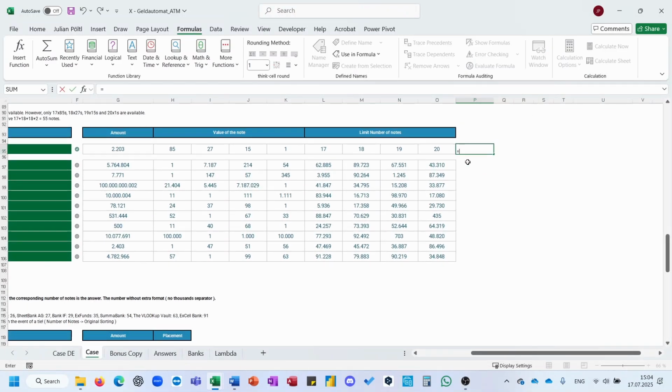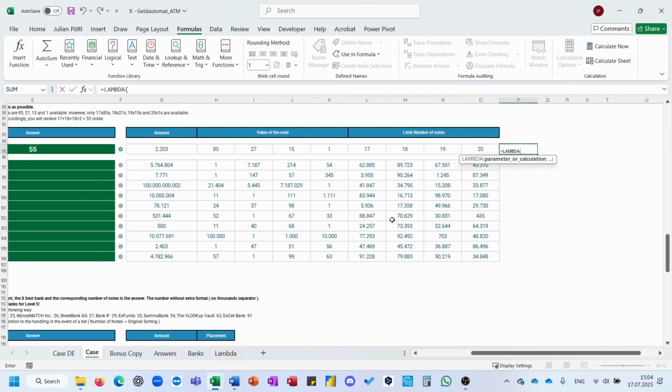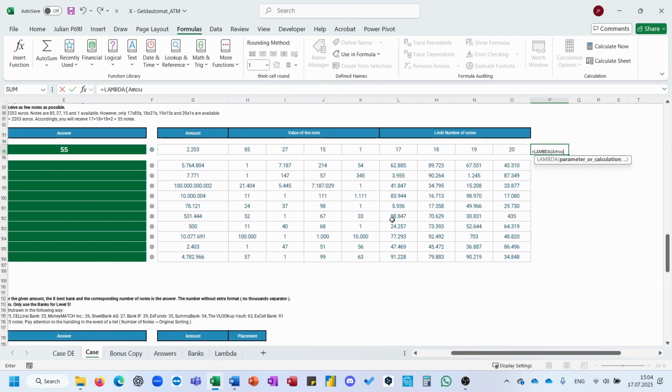So lambda, I have an amount. There's my start amount. I have the values and I have a limit. And then I start with my LET function because all three inputs I've done yet.